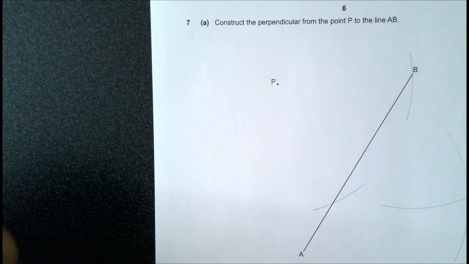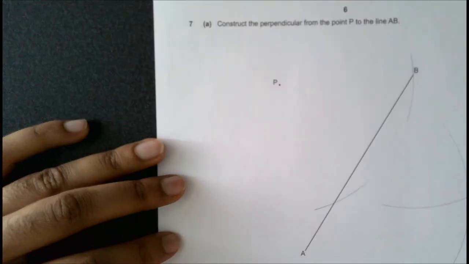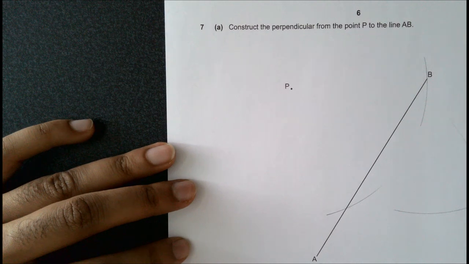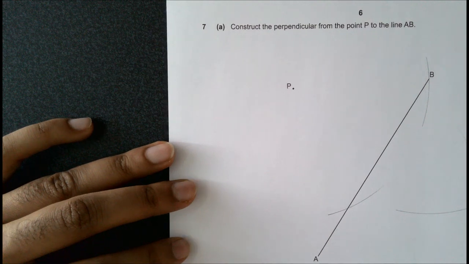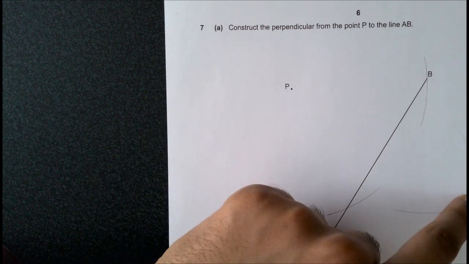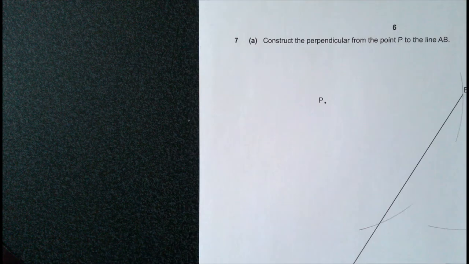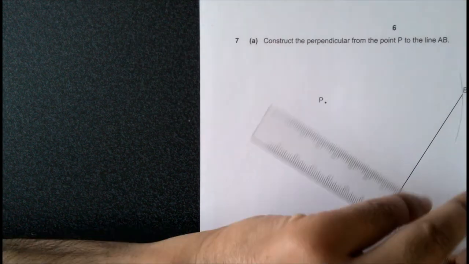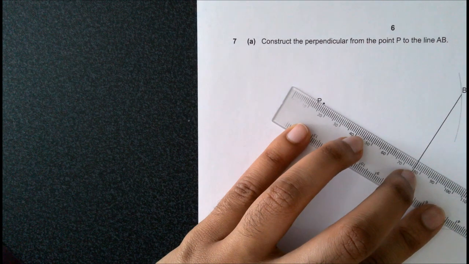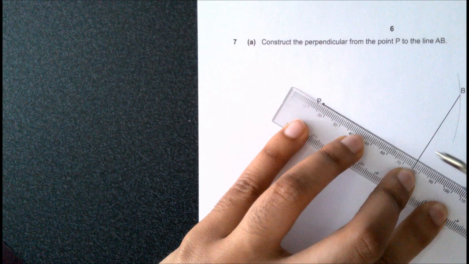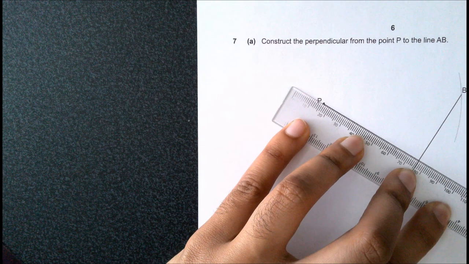And then what we need to do is join this point with this point here, with a straight line. So if we do that, we can join these points up like so. Here we have our perpendicular bisector.